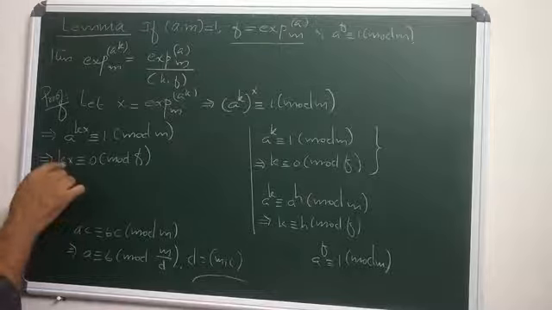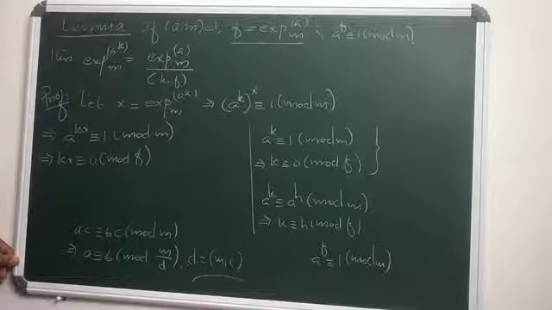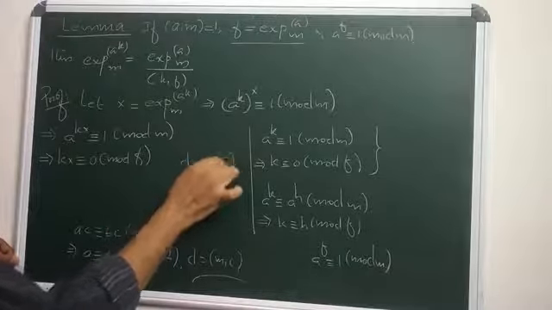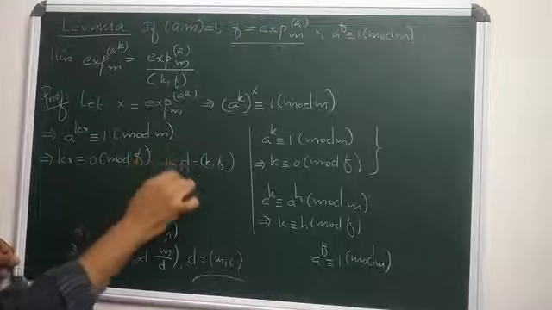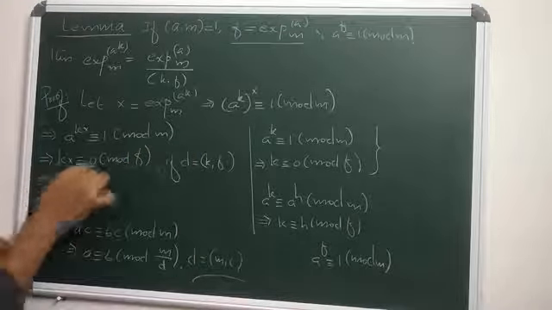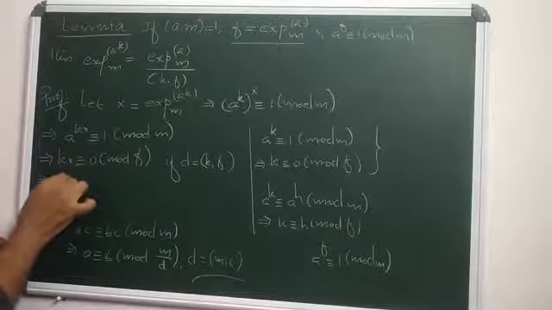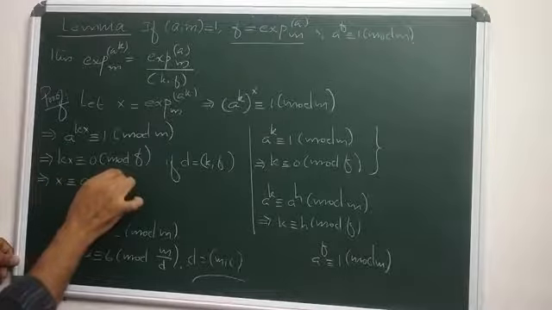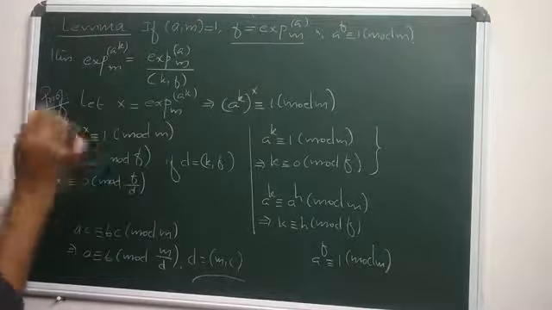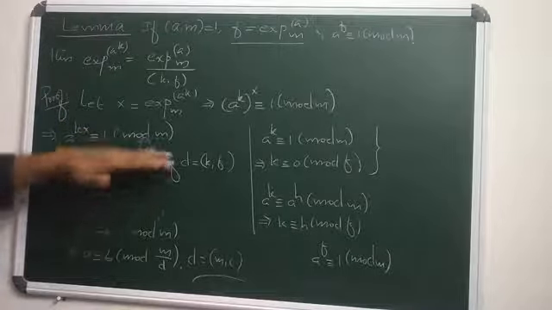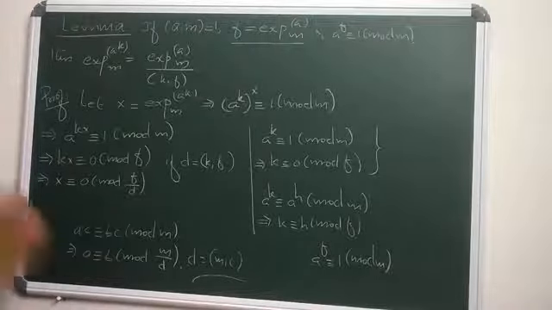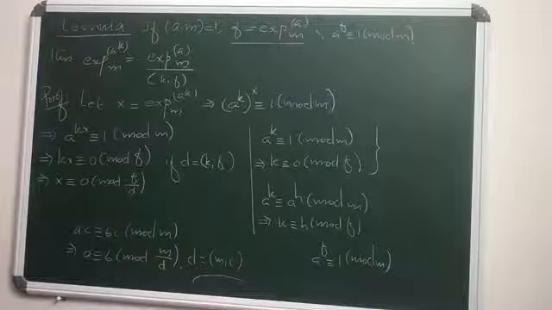So here, when kx is congruent to 0 mod f, and suppose d is the GCD of k and f, then by the cancellation law, this congruence relation implies x is congruent to 0 mod f by d.